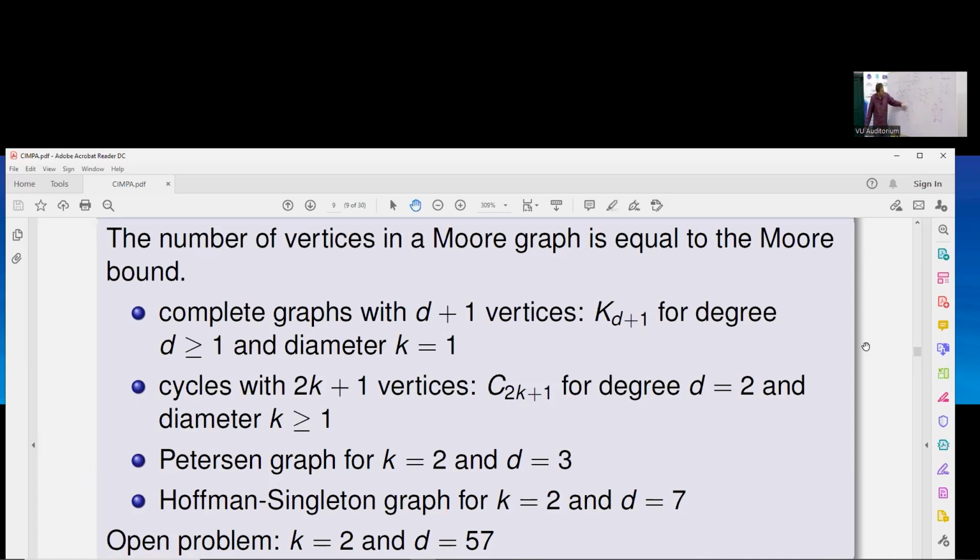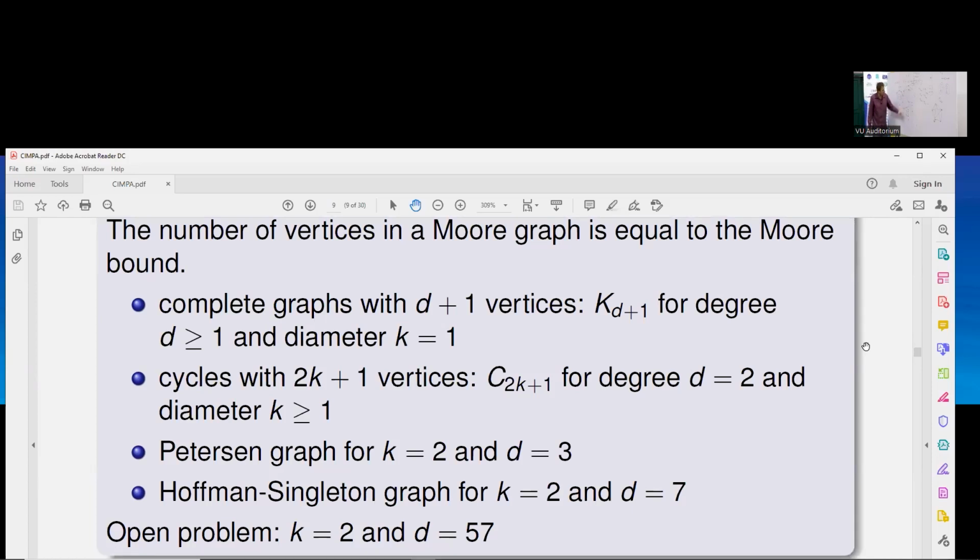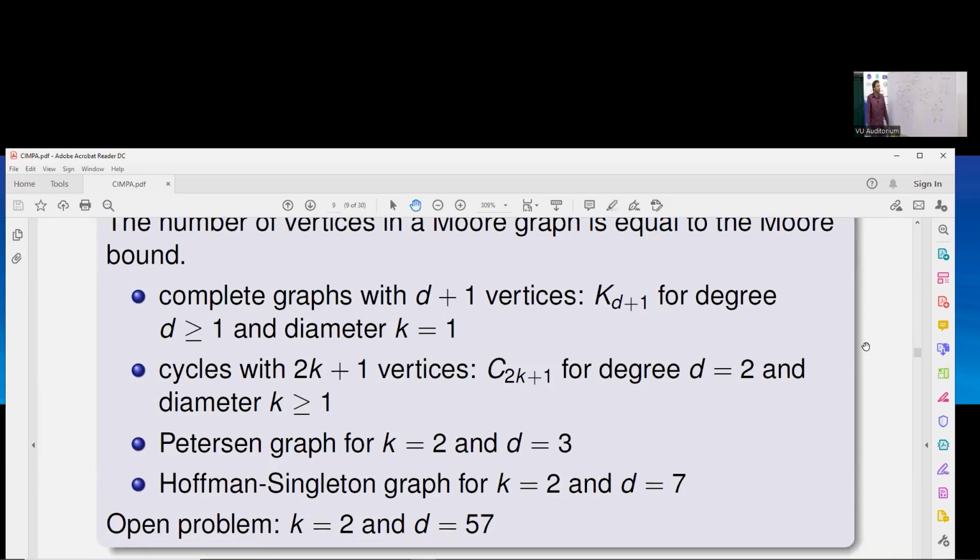It's possible to connect these vertices in such a way that all of them have degree 3, and any 2 vertices in the graph are at distance at most 2. So the diameter is 2. Maybe you can try it by yourself as an exercise; it may take a bit of time to connect these vertices to get a graph of degree 3 and diameter 2.